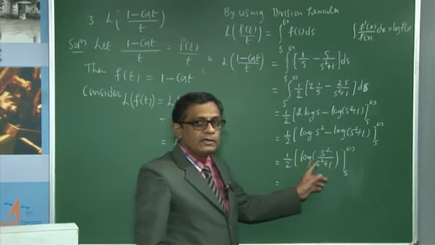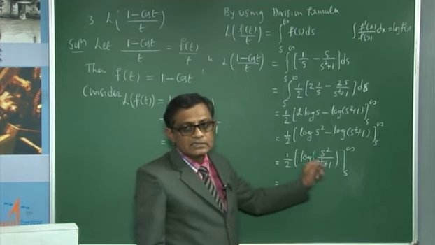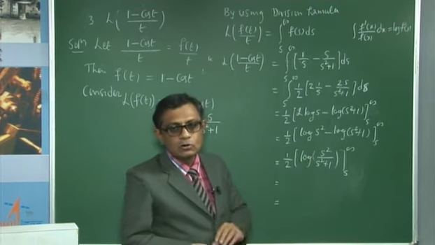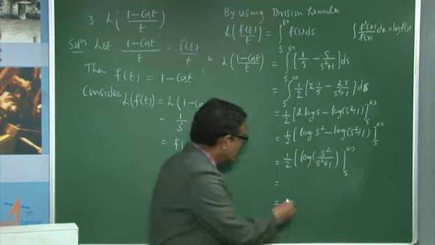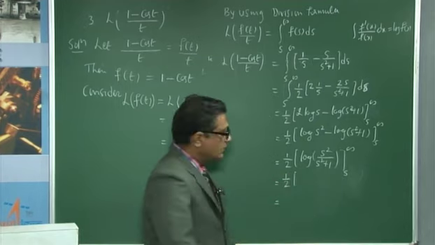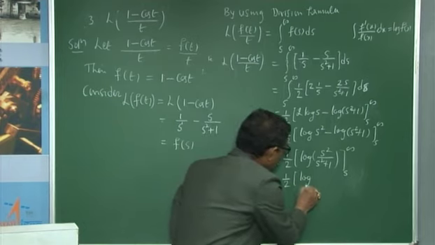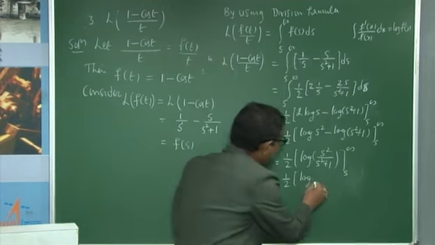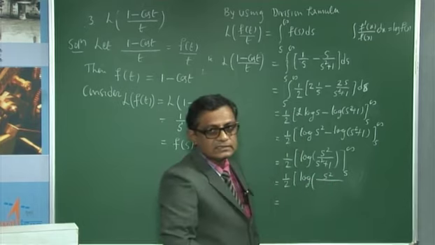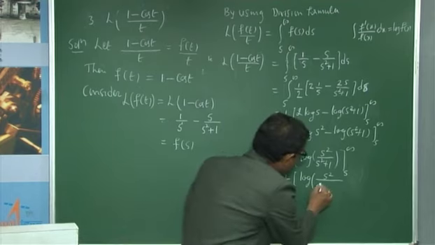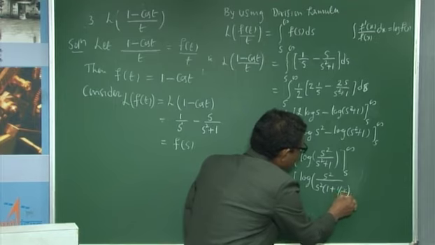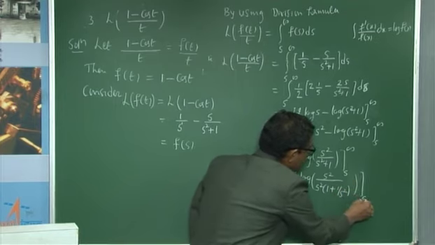Again, if you put directly the upper limit minus lower limit, by putting the upper limit it is log infinity, which is not defined. Then how to simplify this one? You have to avoid the value of log infinity. It is log of s square, the numerator you are keeping as it is, the denominator s square you can take outside, 1 plus 1 by s square, from s to infinity.